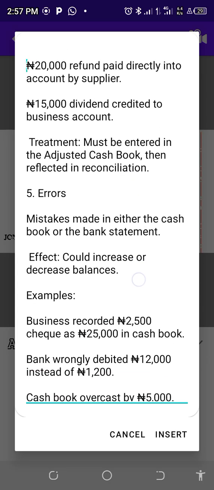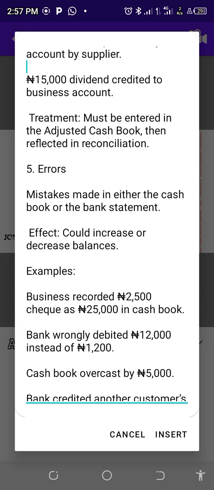Now, errors can be treated in the adjusted cash book and can also be treated in the reconciliation section, depending on the type of error.